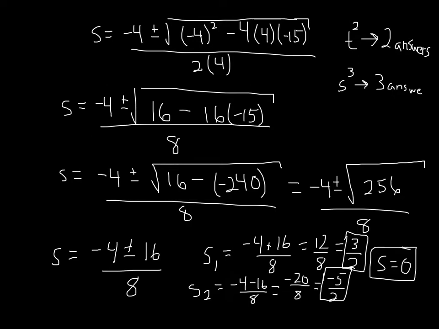So when you have these kinds of formulas, these kinds of polynomials, whatever the highest exponent is, in this case 3, in the last case 2, the highest exponent tells you how many answers you should have. So when we had an exponent of 2, we had 2 answers. Exponent of 3, we had 3 answers. If I were given a problem that had, say, q to the 5th power, then I would expect that there are 5 different answers to that particular question, in general.